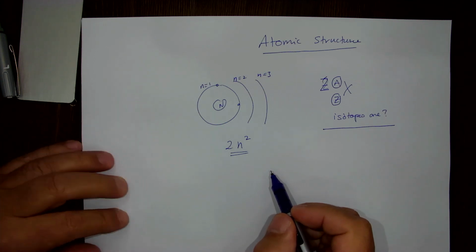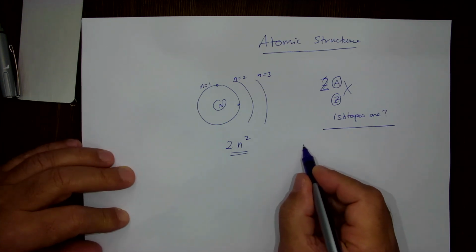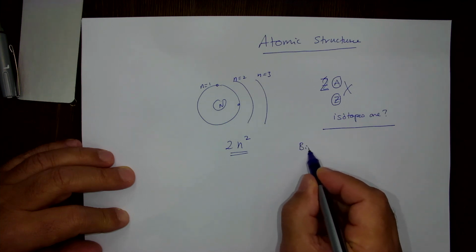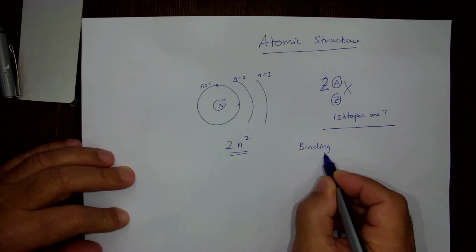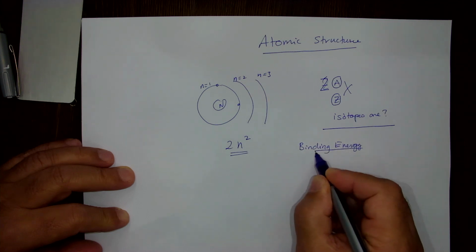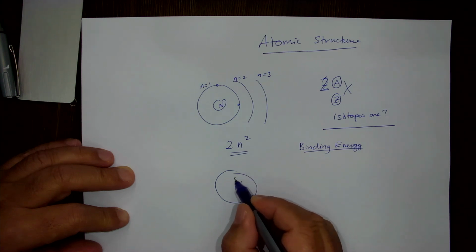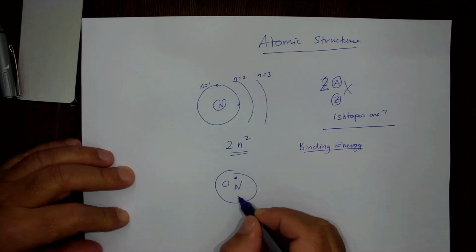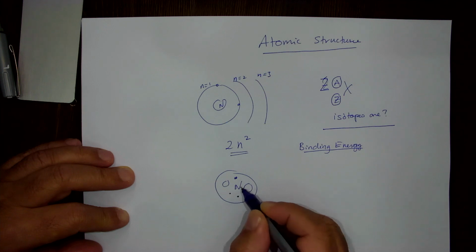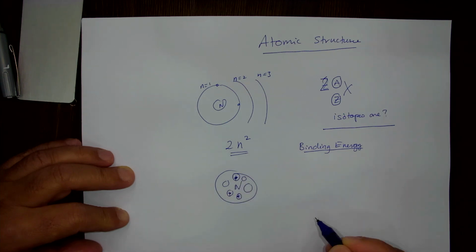The first thing we talked about, and somebody asked me about this, is the binding energy. Remember, it's the energy needed when we talk about the nucleus. In the nucleus I have protons and neutrons. The protons are positive and the neutrons are neutral.